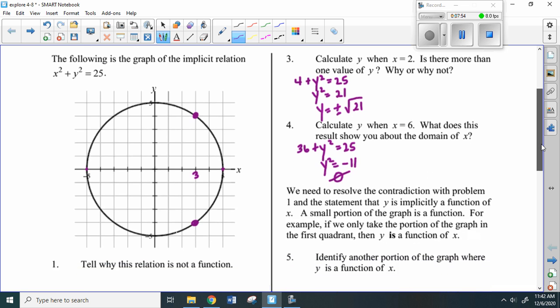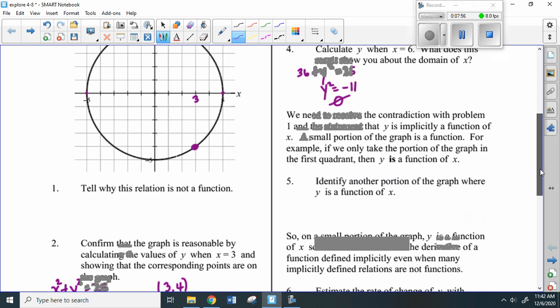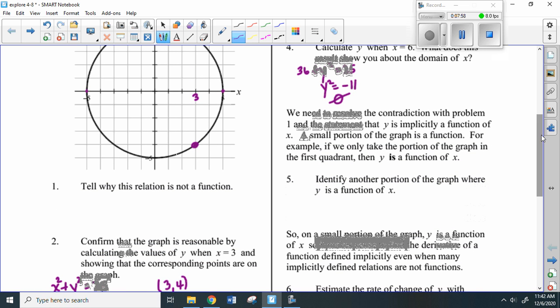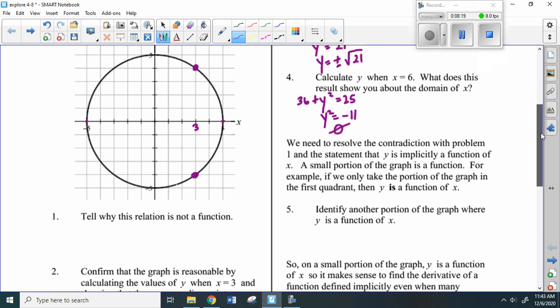All right, so then we go on to say we need to resolve the contradiction with problem 1 and the statement that y is implicitly a function of x. A small portion of the graph is a function. For example, if we only take the portion of the graph in the first quadrant, then y is a function, okay?